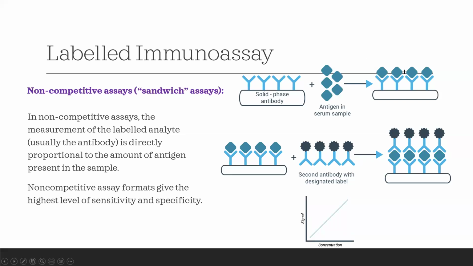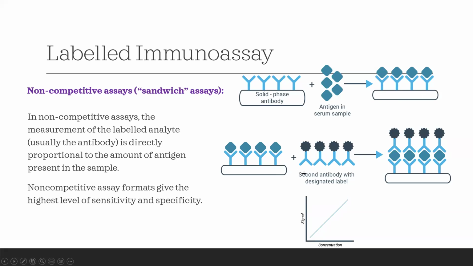As shown in this graph, unlike the competitive assay, the non-competitive assay starts with coating the surface with a capture antibody. This is also called a solid phase antibody, which is anchored to, or coated on, the surface. Then we add the analytes, with no labels on them, that are of interest to the antibody, and form an antigen-antibody complex on the surface.